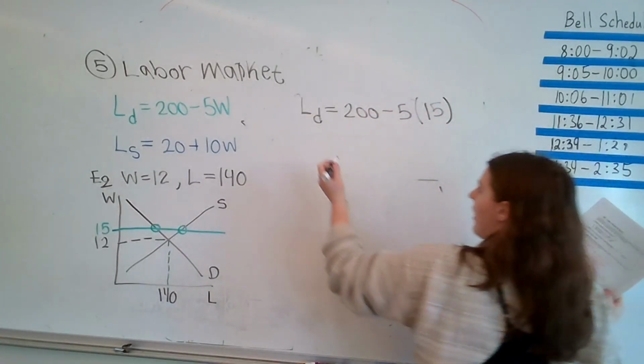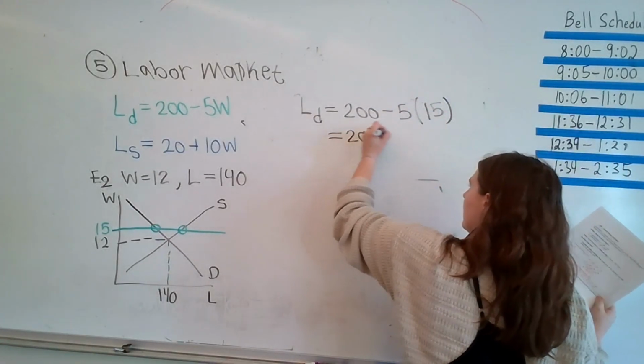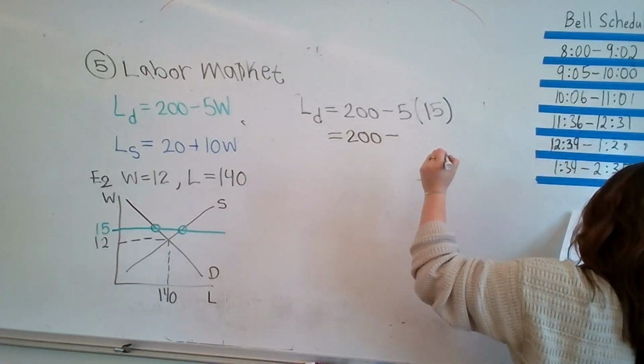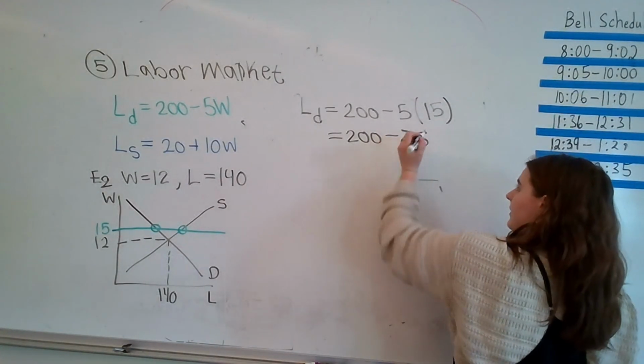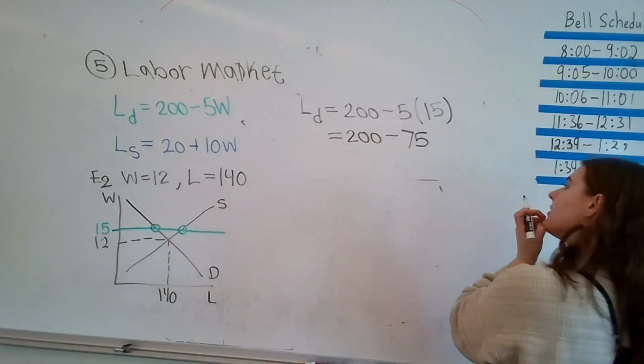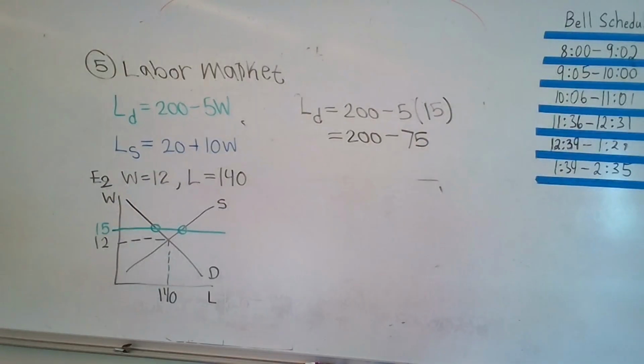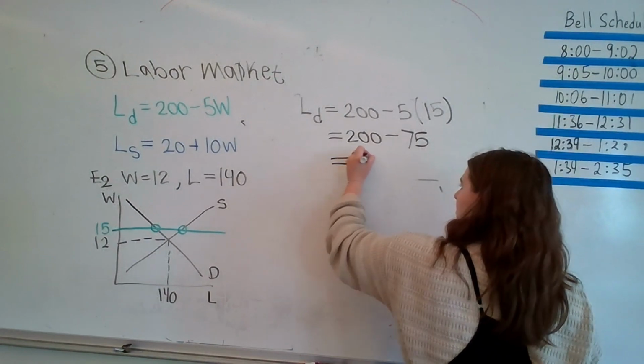That means it's 200 minus 75, which is 125.